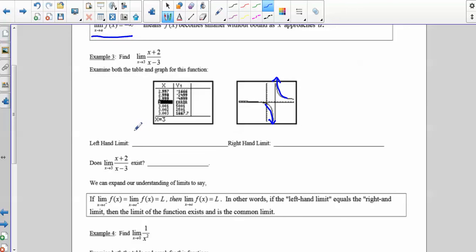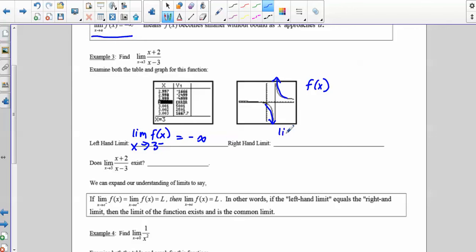So we write the limit. I'm going to call this function f of x. So the limit of f of x as x approaches 3 from the left. Here we are approaching 3 from the left, it's negative infinity.